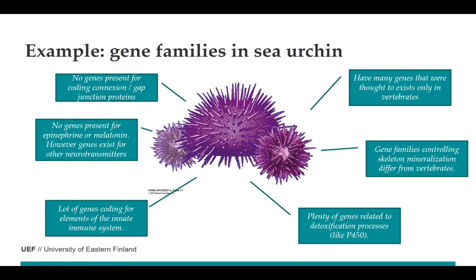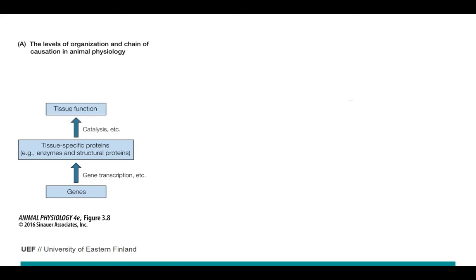Okay, and that's why genomics has actually changed the way that we think these studies should be done. Well, in the old school method, we know that the genes affect the proteins that exist in the tissue, and they affect the function of the tissue, and then they coordinate the animal's function.